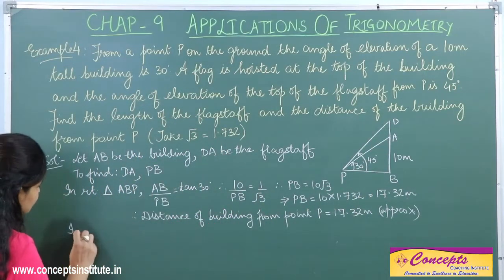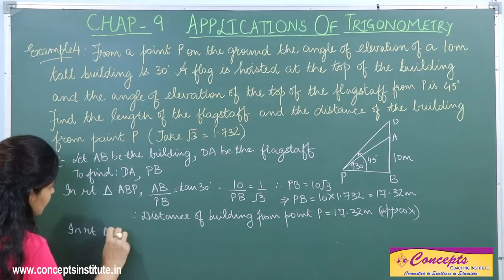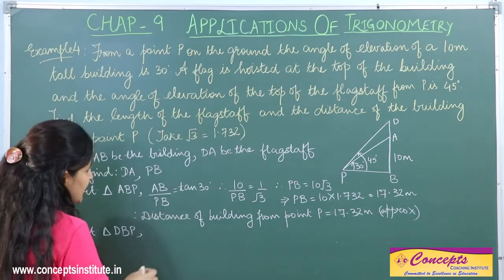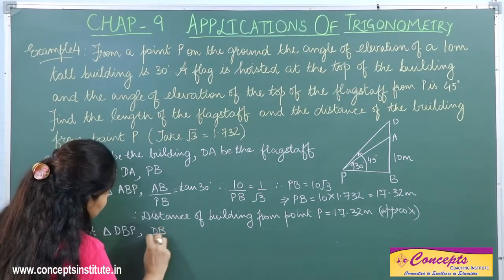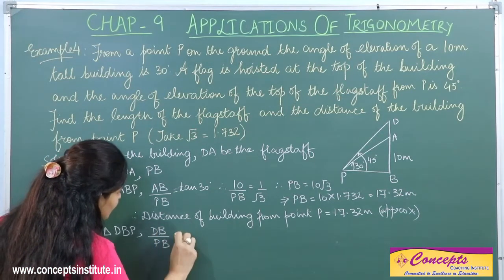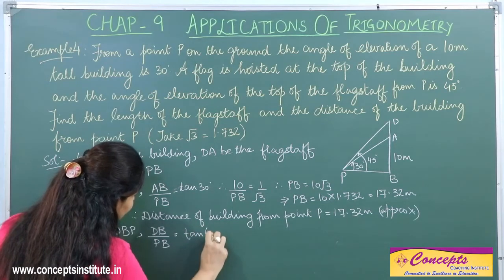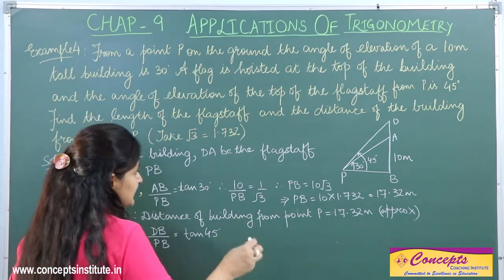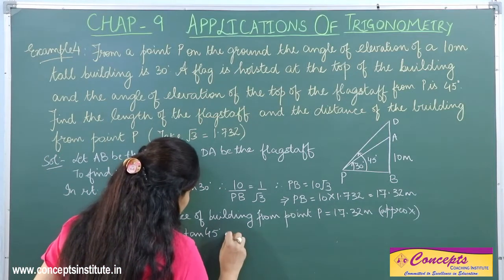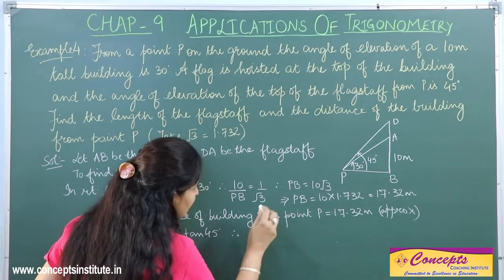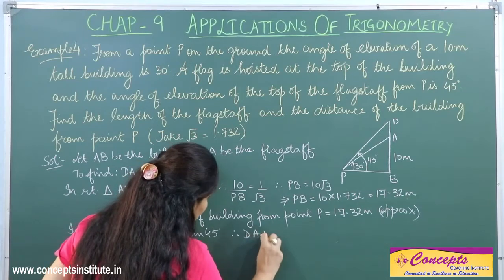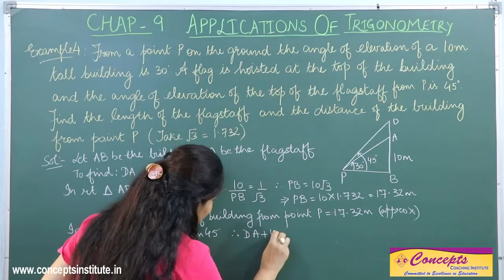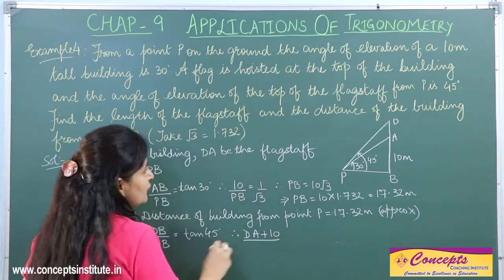In right triangle DBP, I have DB upon PB equals to tan 45. Now students, DB is DA plus 10. So therefore we have DA plus, DB is because DA plus AB. So it is DA plus 10 upon what is PB?